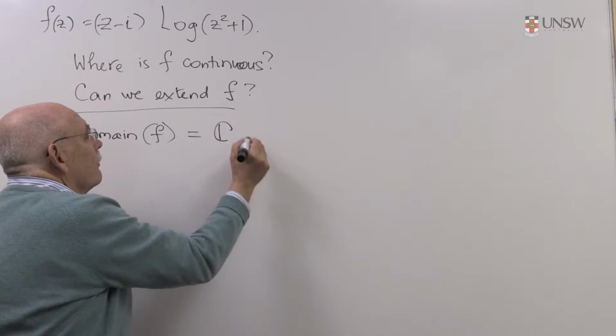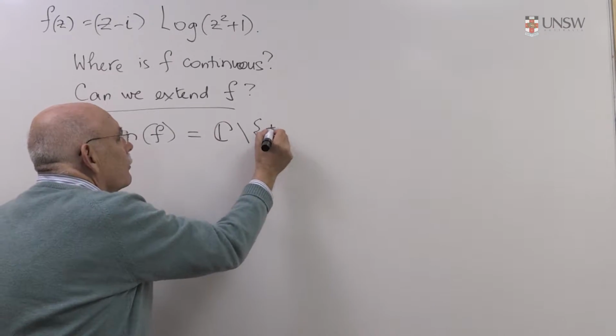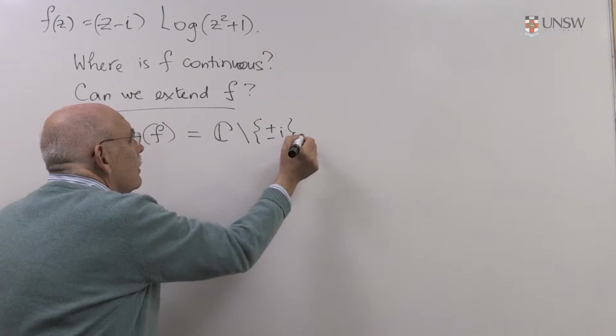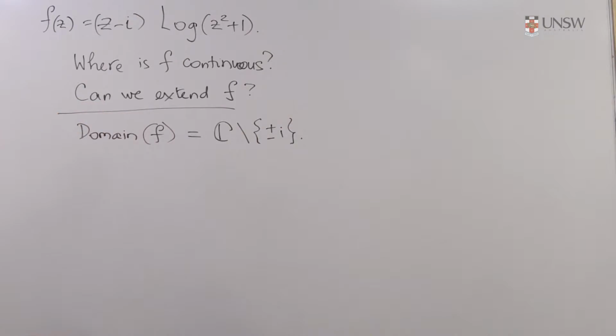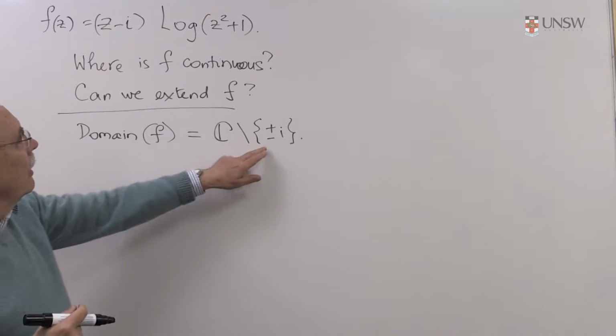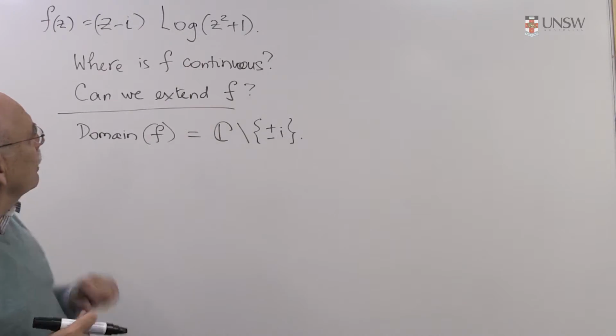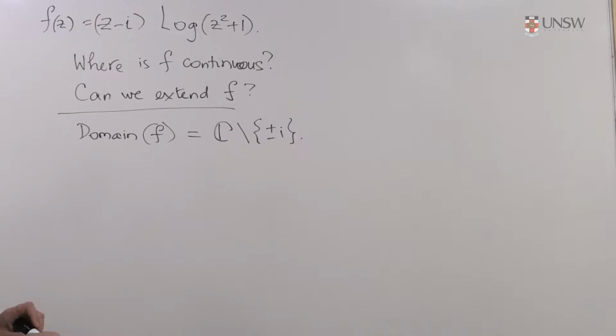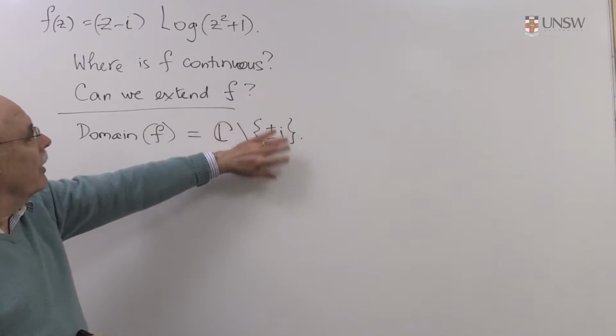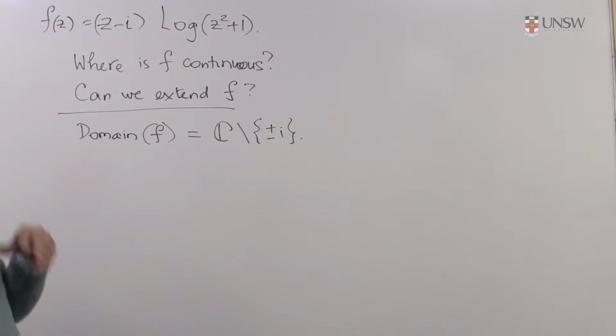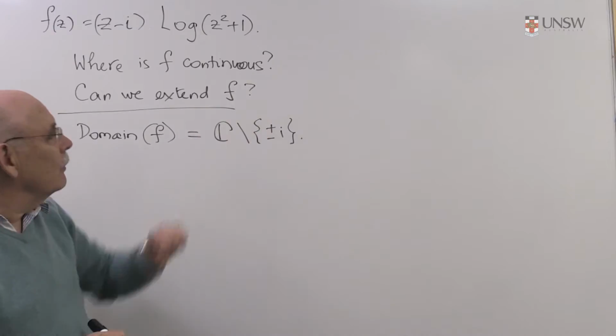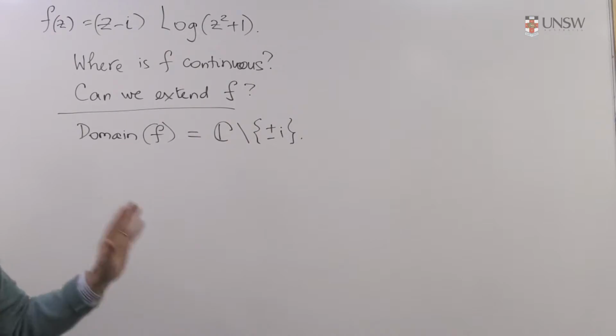So the domain is all of the complex plane, but I have to exclude the points plus or minus i. So when we're trying to work out whether f is continuous, we don't have to worry about plus or minus i because it's not defined there, and therefore the question of whether the limit as z approaches plus or minus i is equal to the value of f at plus or minus i is not a relevant question.